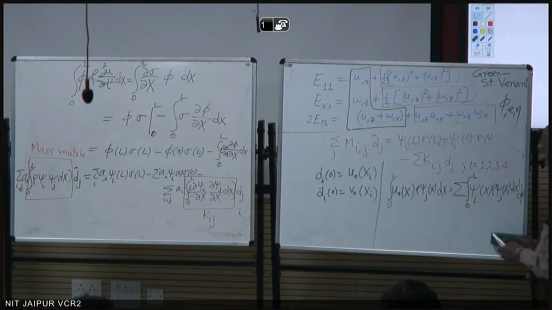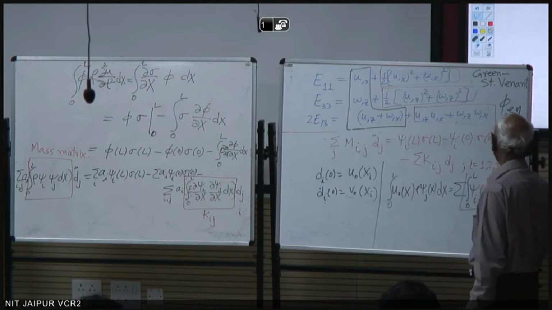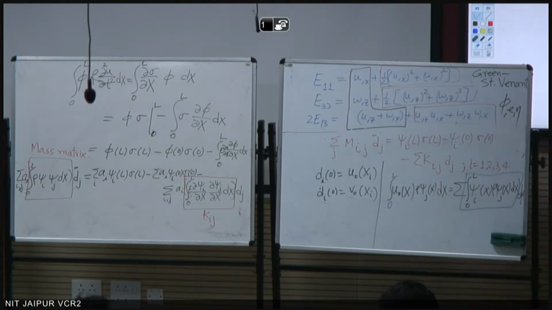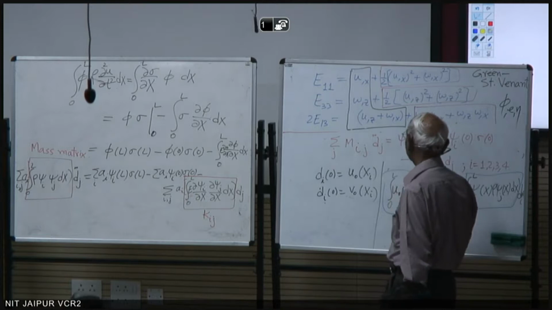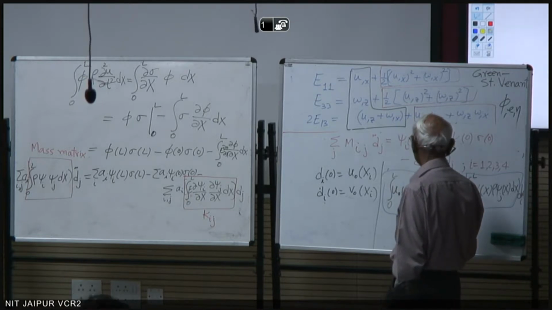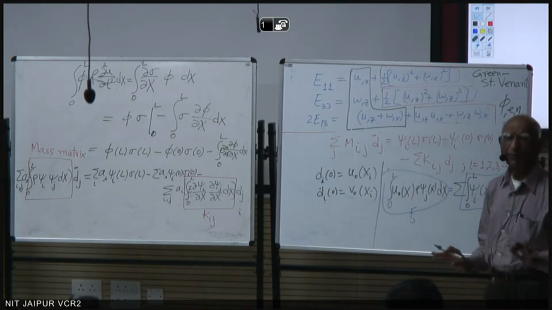Do you see this thing somewhere on the chalkboard? It's the mass matrix. So we can call this thing, say, Fj.